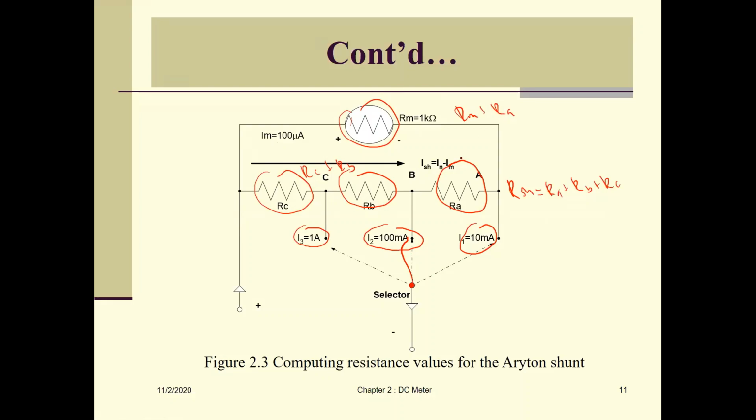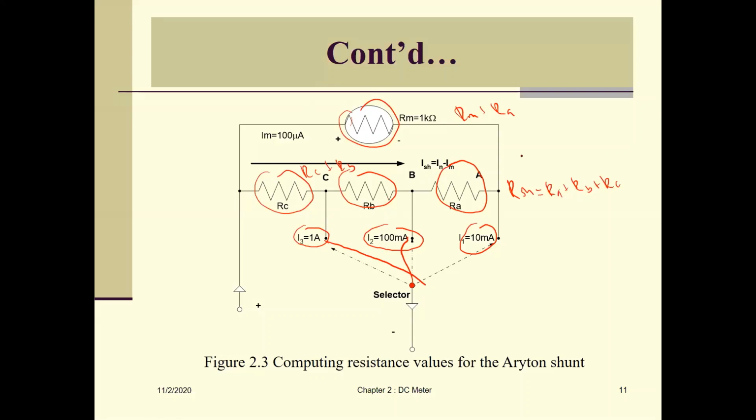That is for part B, if we select the 100 milliampere. For part C, we select the 1 ampere here, so RC is parallel with RM plus RA plus RB.